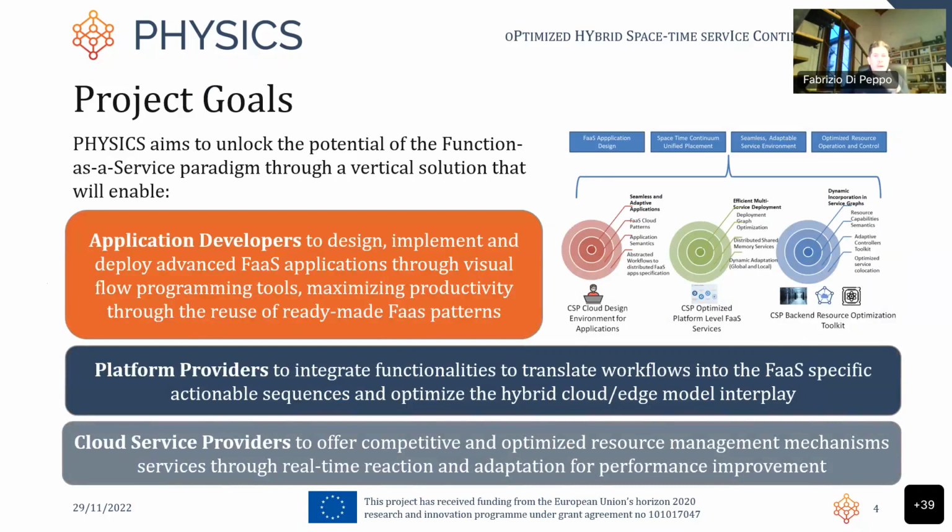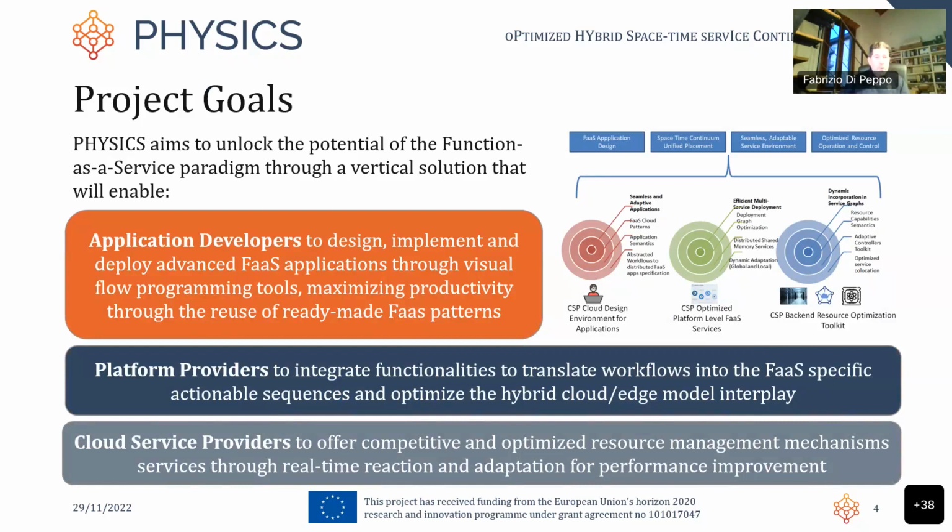What are PHYSICS goals? PHYSICS aims to unlock the potential of the function as a service paradigm through a vertical solution that will enable application developers to design, implement, and deploy advanced FaaS applications through visual flow programming tools, maximizing productivity through the reuse of ready-made FaaS patterns.